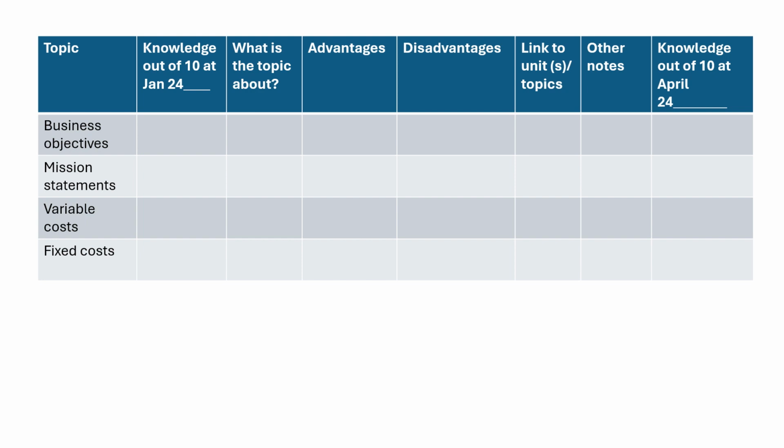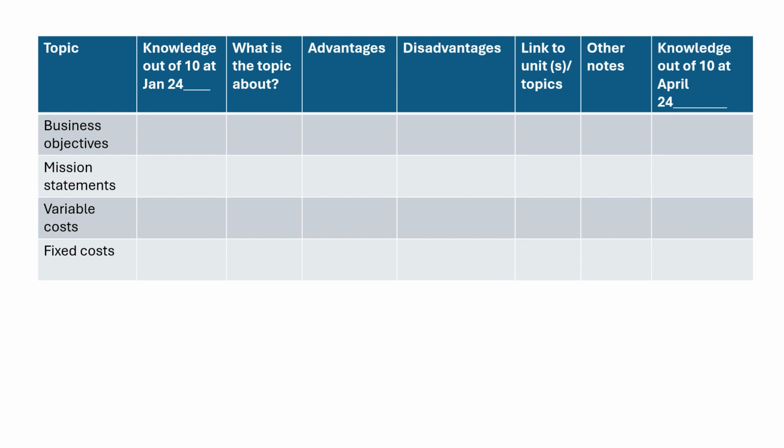Where does it link in with other units within the syllabus? And are there any other notes you would want to add in there, or any formulas, things like that? You can add in what you want, and of course you can add in your own columns. This is just a suggestion.